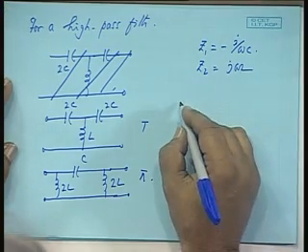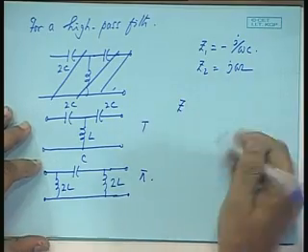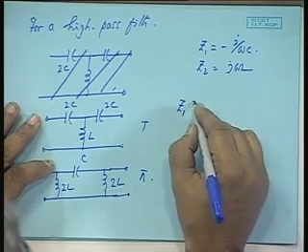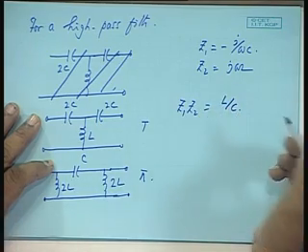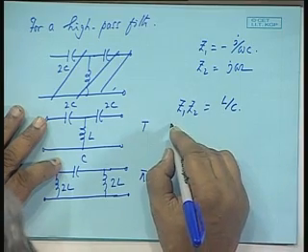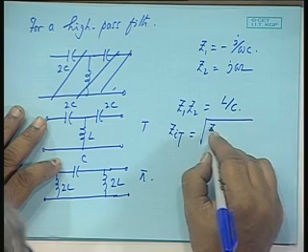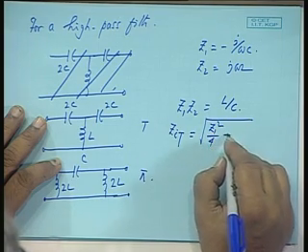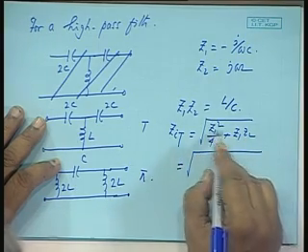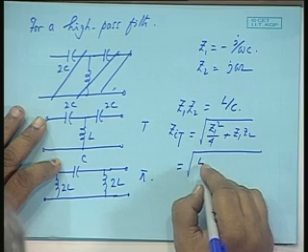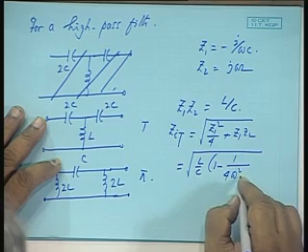Now, what will be the relationship for the different parameters and the frequency? Z1 into Z2 once again will be L by C with the same logic, and then Z I T, for example, will be root over of Z1 squared by 4 plus Z1 Z2. Substitute the values for Z1 and Z2. So, you get L by C into 1 minus 1 by 4 omega squared LC.